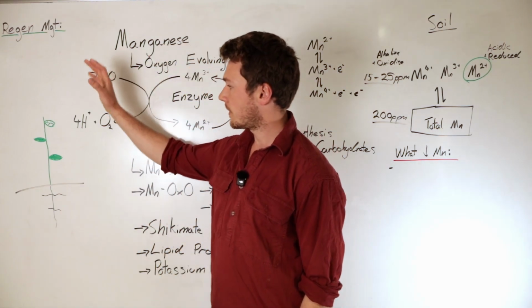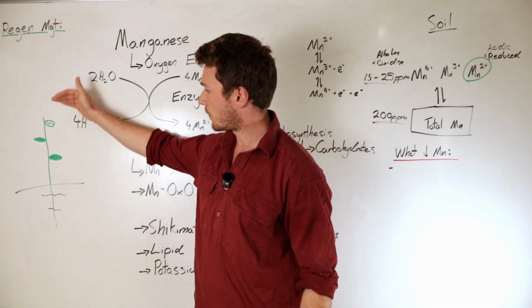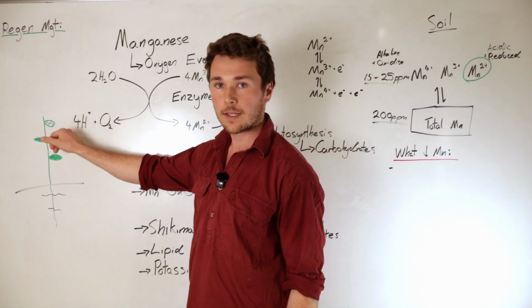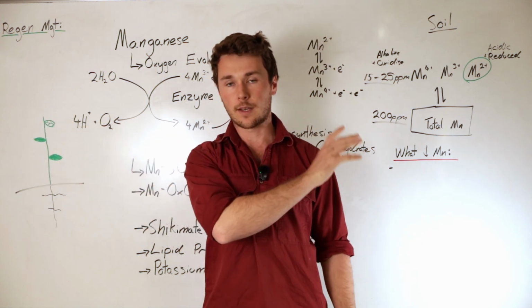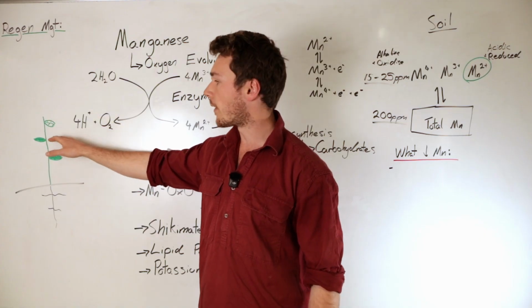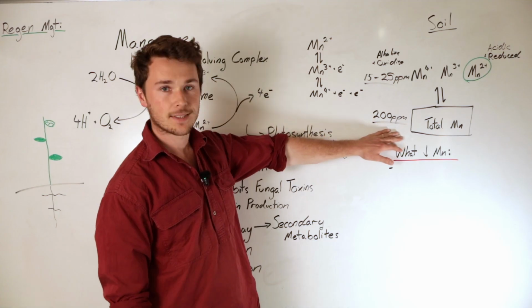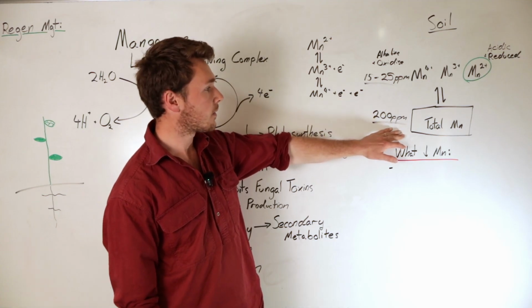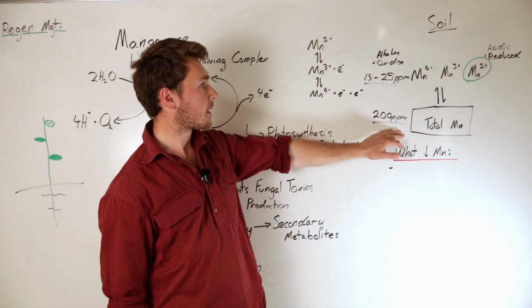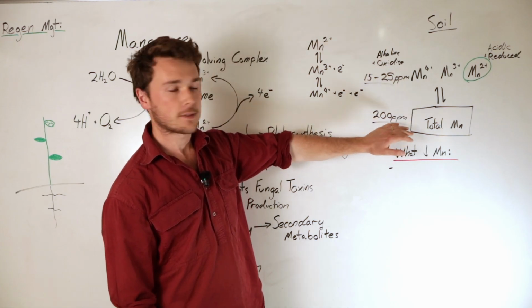So if that's the case, then we do a foliar application. If we have enough manganese in the soil, but we're just not getting it in the plant, that would warrant a foliar application. If we're not getting enough manganese because it lacks in our total, potentially a soil application. This here is more likely a biological problem if we have enough in our total.